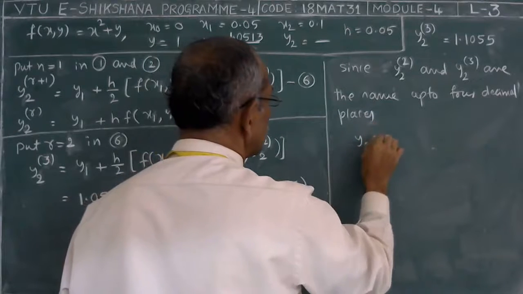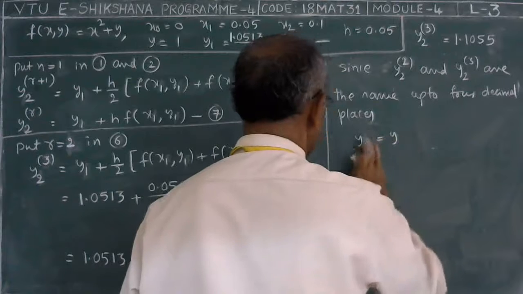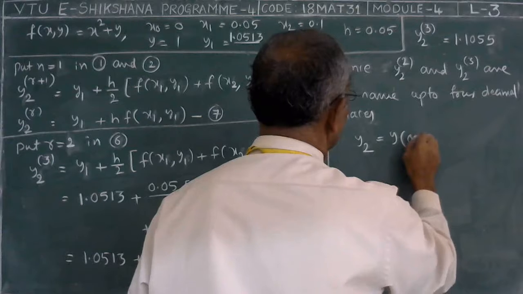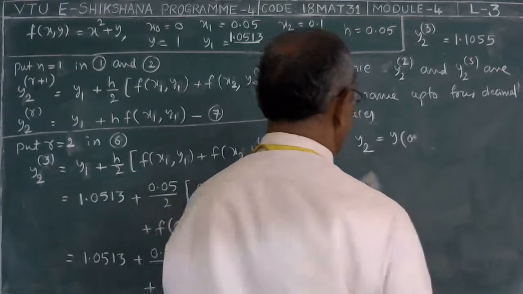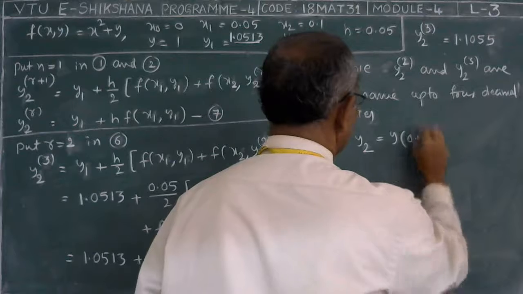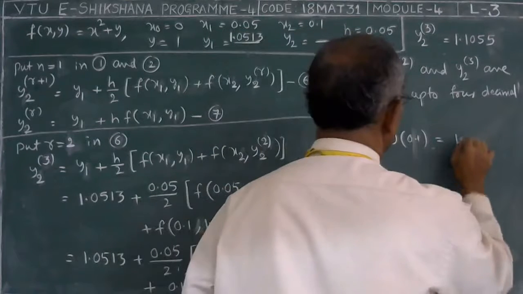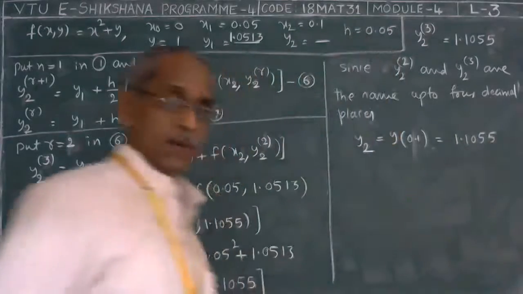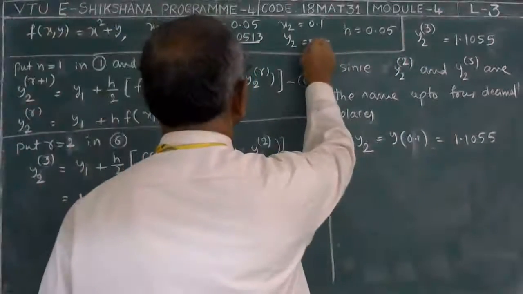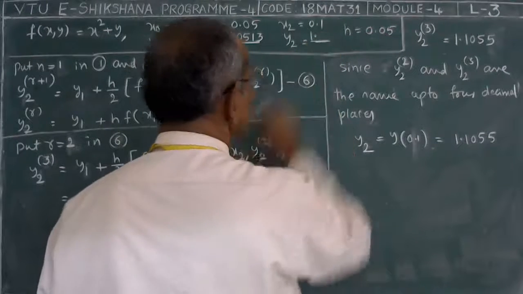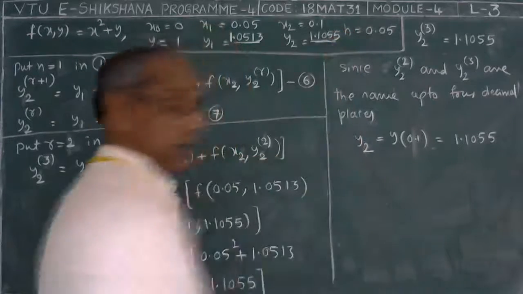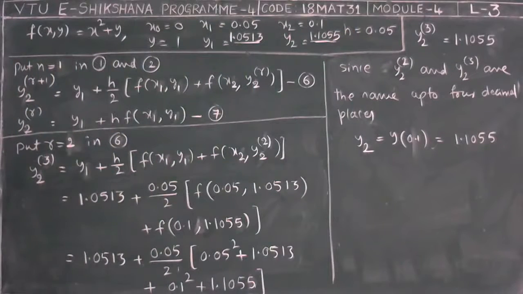So y2, that is y at x equal to 0.1, is equal to 1.1055. So the value of y at x equal to x2 is 1.1055. This completes the problem. So let me consider another problem.